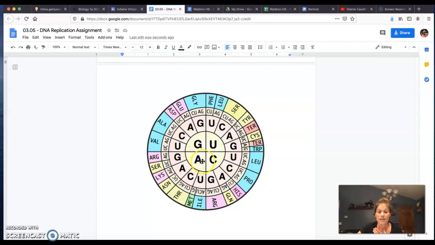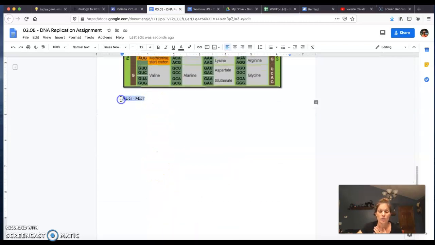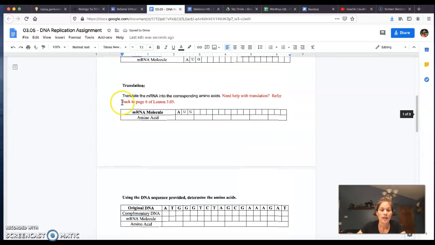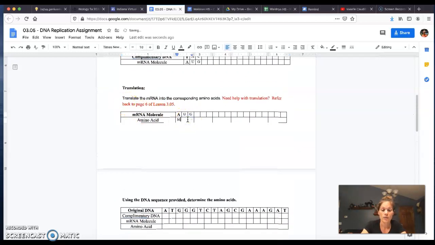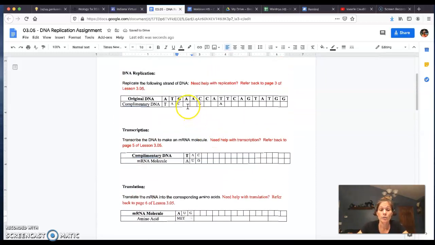Here's our A. Then you go to your second letter, here's our U. And then your third letter, there's our G. And it stands for MET, M-E-T, which is methionine. Let me delete that. And now we're going to go up here and document that our amino acid is methionine.